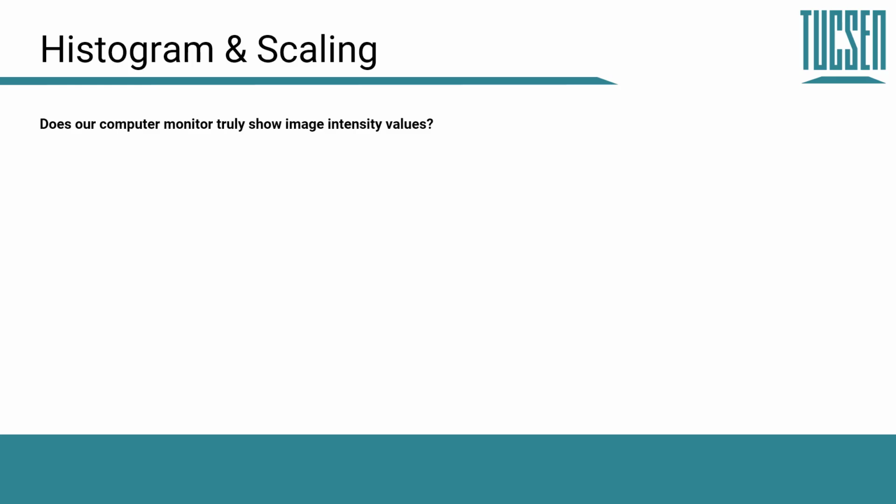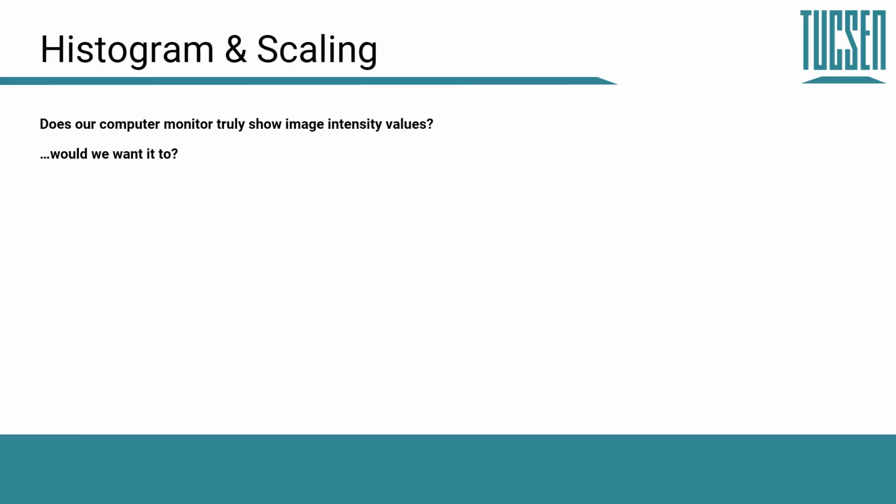If we have, for example, just set the darkest pixel to 0 and the brightest pixel, the fully white pixel value of our 8-bit monitor, to the brightest possible image value, i.e. 4096 for a 12-bit camera, then that's going to display our image quite dark if our maximum intensity value is only 2000. This would mean that in this case our image is going to be only half as bright as the monitor can show. So this question is, would we want it to just directly show image intensity values?